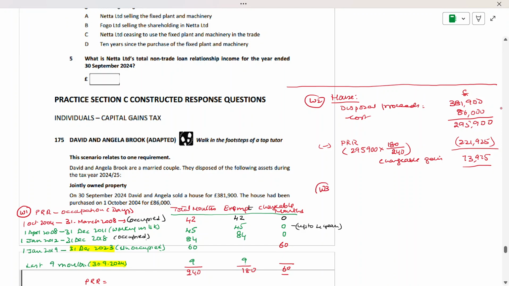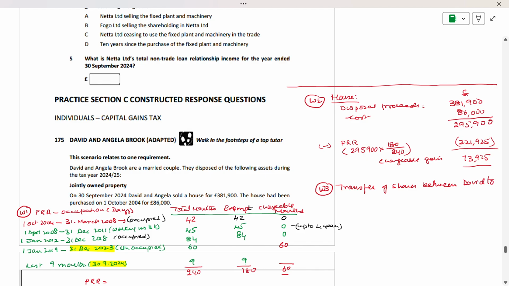Working 3. Transfer of shares between whom? David to Angela.